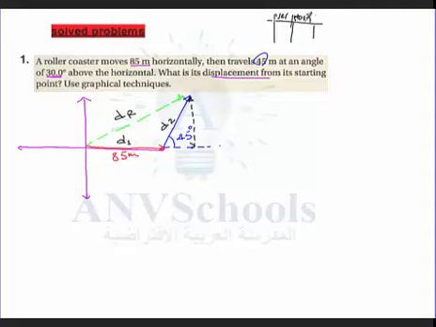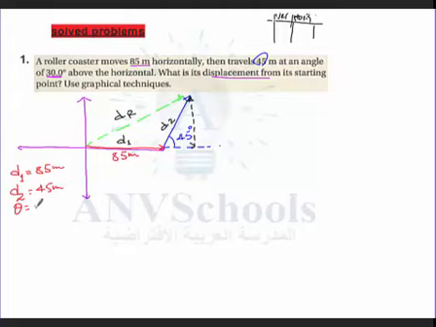To find the horizontal component of the second displacement, I can use cosine. Bear in mind that d1, the first displacement, is 85 meters, and the second displacement is 45 meters. These are given.